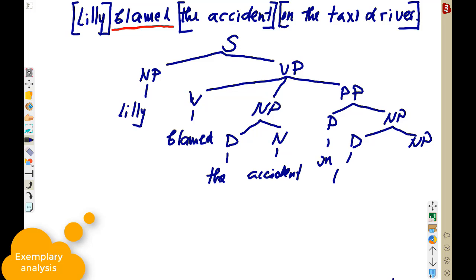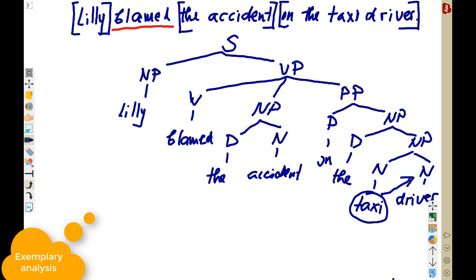The determiner is the, and the noun phrase contains a noun taxi and the noun head driver. In this case, the noun taxi functions as a modifier of the noun head driver.